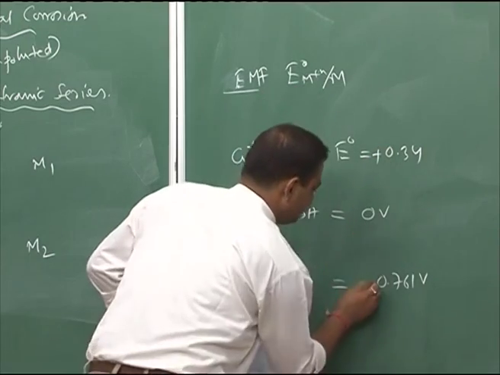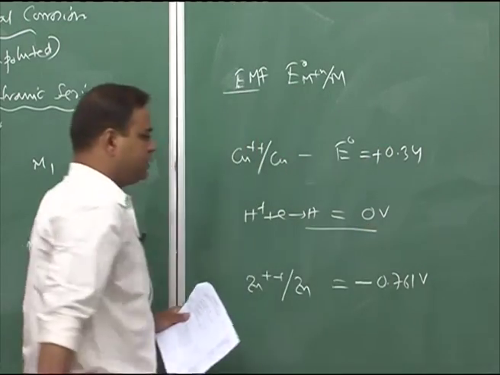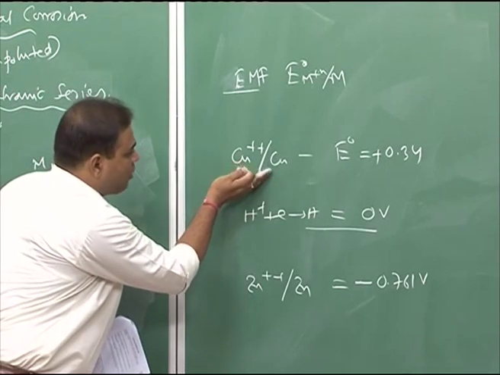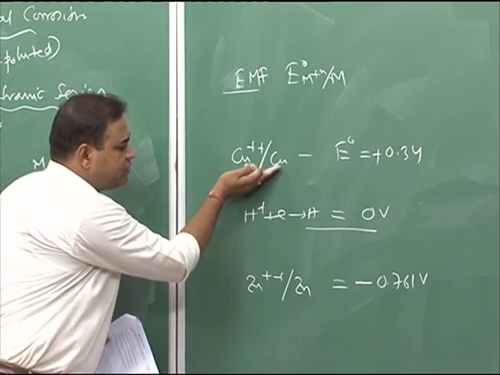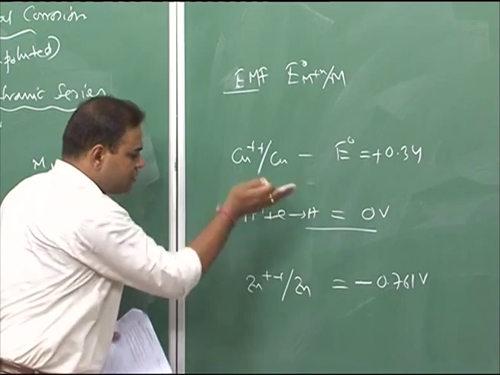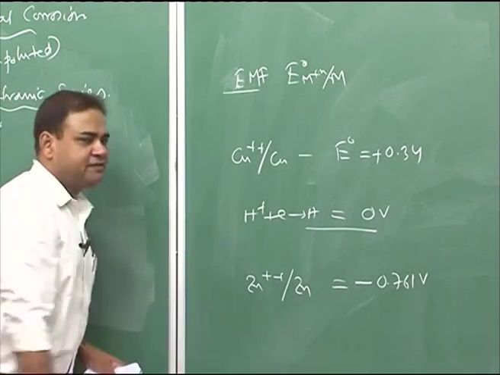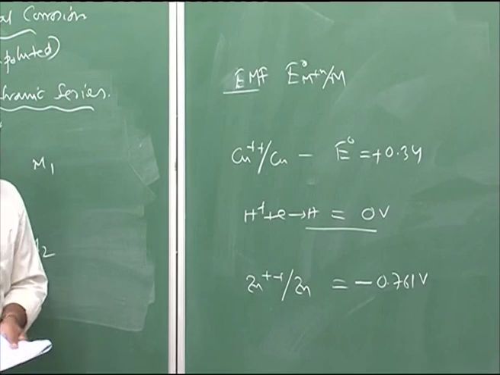This is plus, this is minus, and this is 0. So, according to this EMF series, we see that pure metal copper will be noble compared to pure zinc, and that situation arises when it is a non-corroding situation.